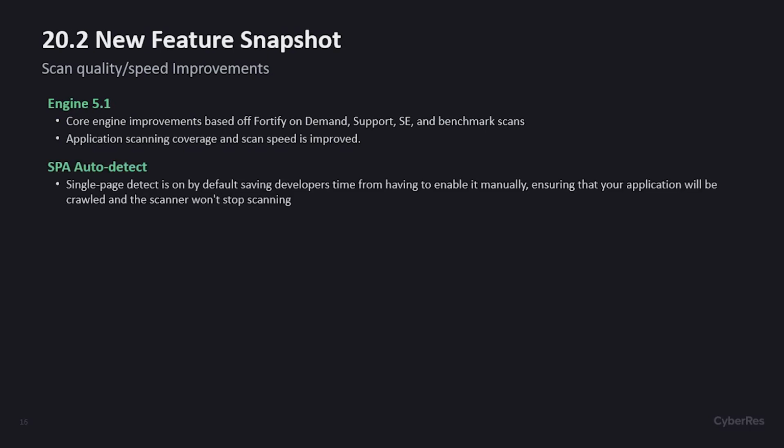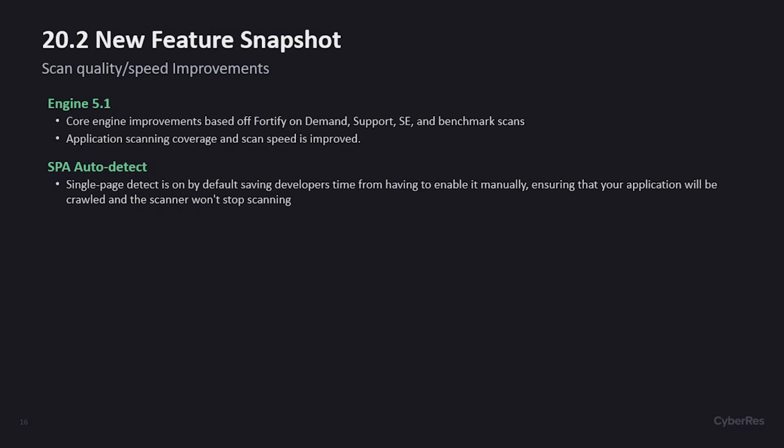Another important highlight, single page application, or SPA, auto detect. In the previous release, in particular with Engine 5.0, we supported scanning single page apps, and our coverage was much improved. The number one request we got from customers, though, was, hey, I don't know when I'm scanning a single page app.